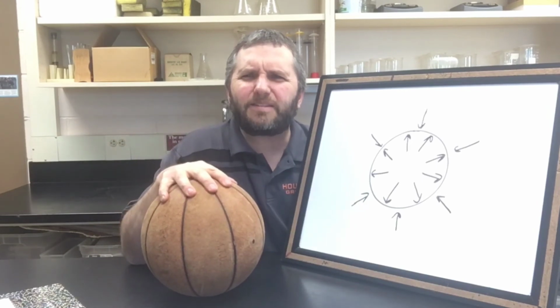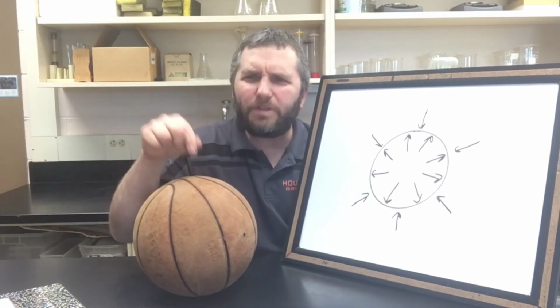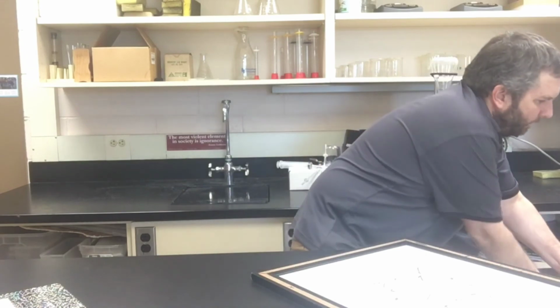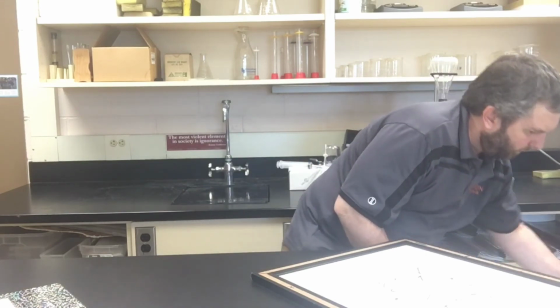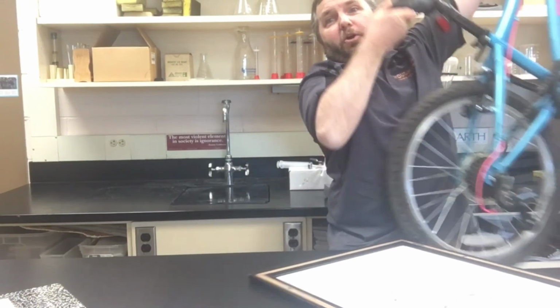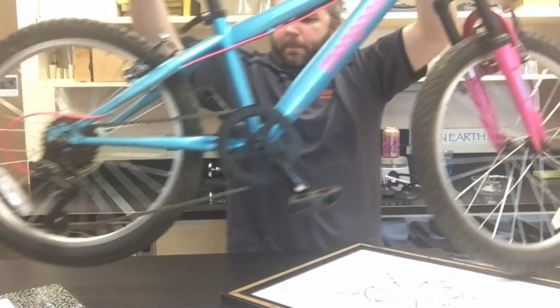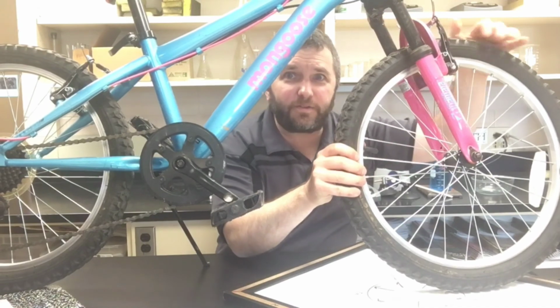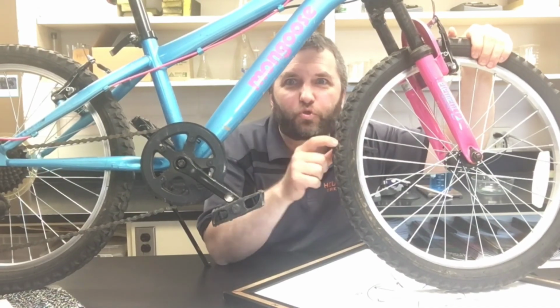So what the heck does that pressure mean? When we say that this is inflated to 10 psi, or when we take a bicycle and say that the wheels of this are inflated to 25 psi.